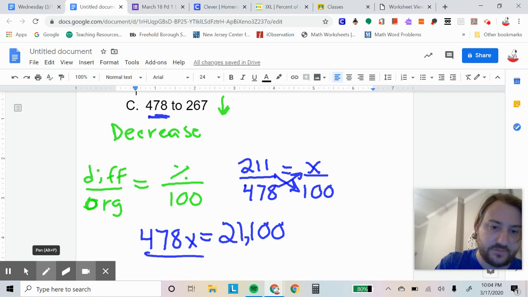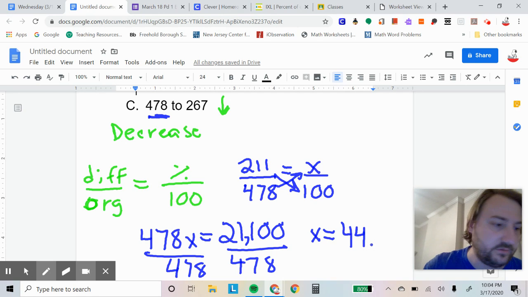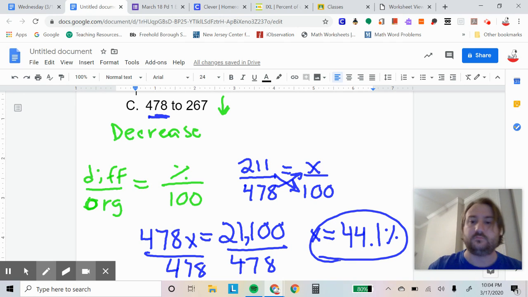Divide by 478, and we get x is equal to, again we're going to round, 42.3%.